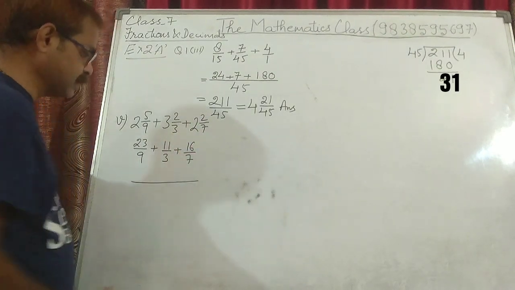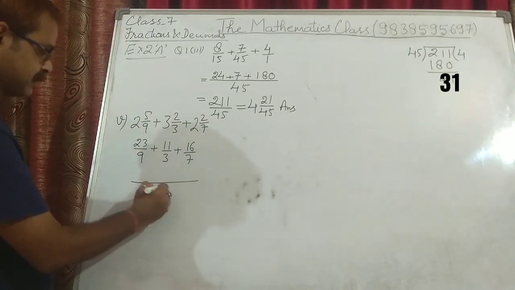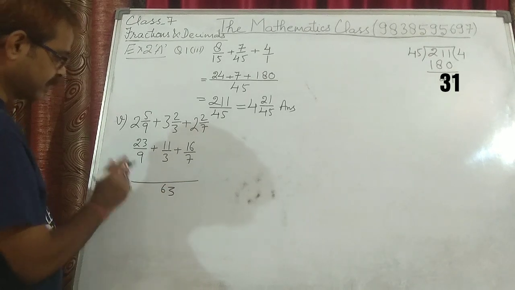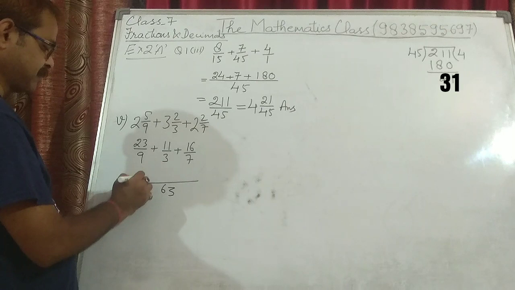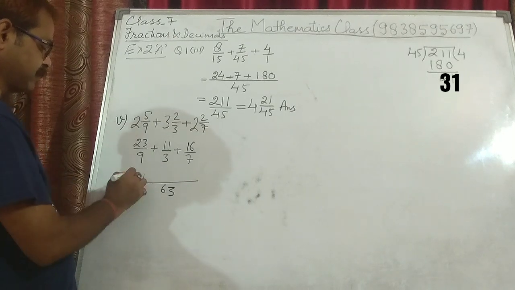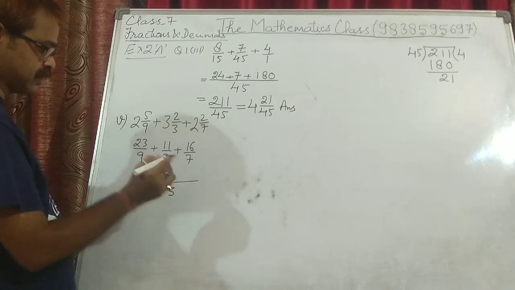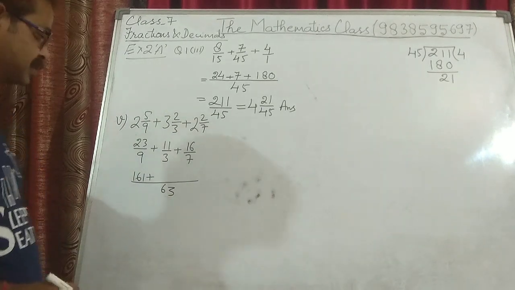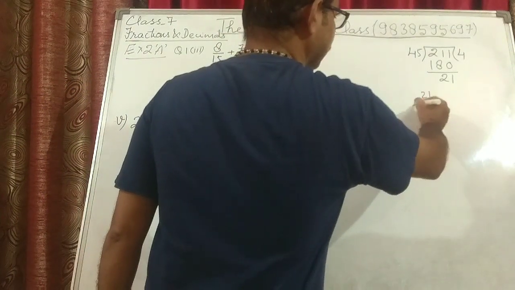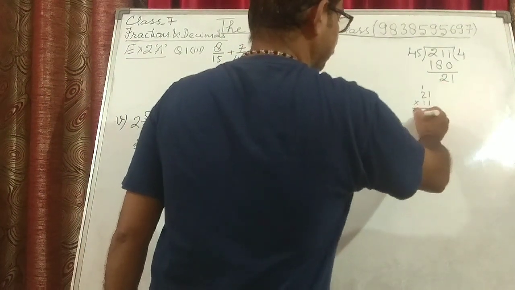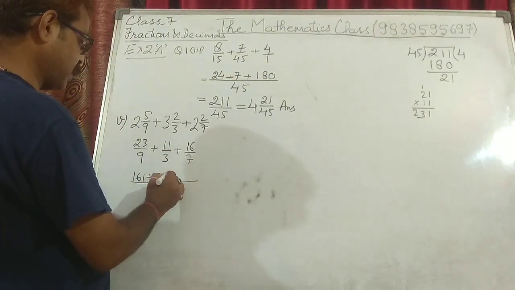Now we take the LCM of 9, 3 and 7. So LCM will be 9 sevens are 63. 9 divided by 63 is 7. So 23 into 7. 7 threes are 21, 7 twos are 14, 15, 16, 161. Plus 3 twos are 6 and 21 into 11 is 231.